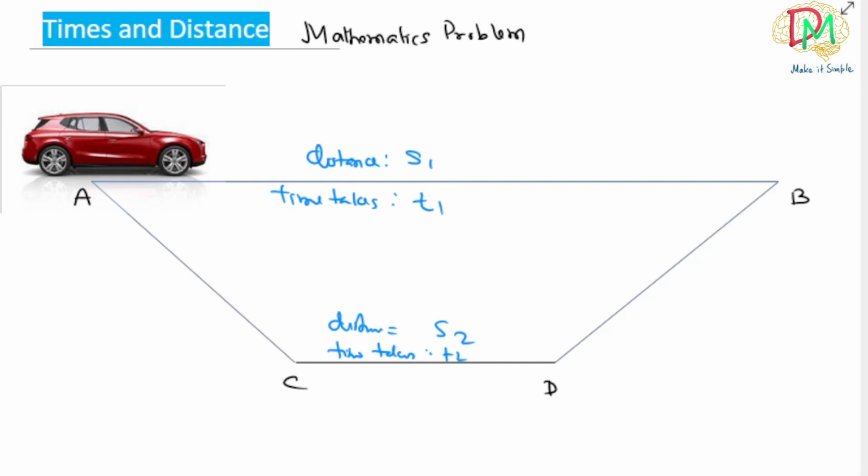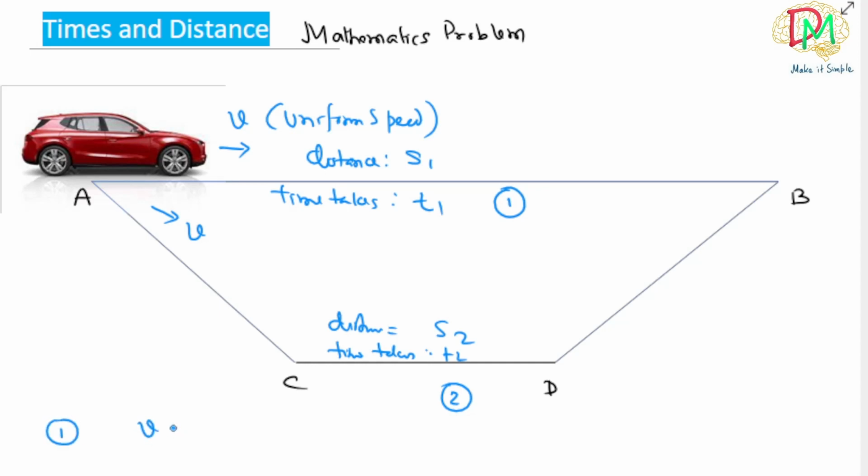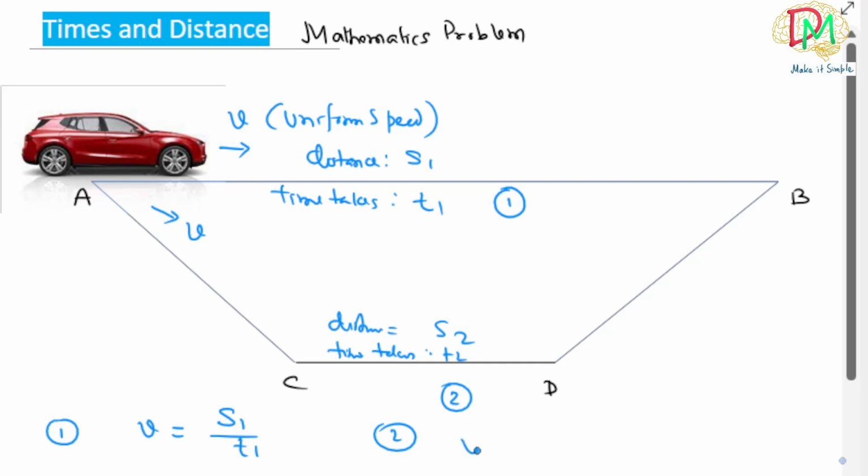Now if this car moves with the same uniform speed V, then for the first move we can write V is equal to S1 by T1, and for the second V is equal to S2 by T2.